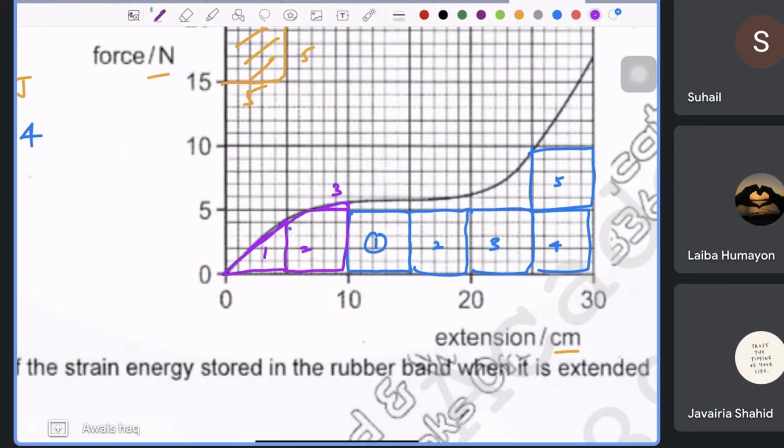Then I'm going to count this whole thing as 4. Although there are 3 boxes, I'm going to count this portion as 4, and I'm going to count this portion as 5. I'm going to tell you why.